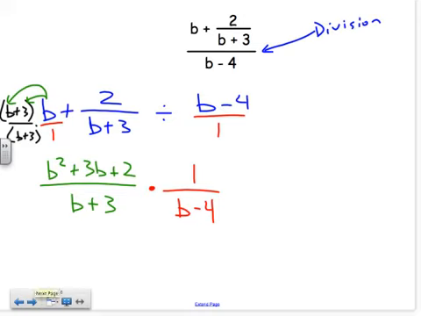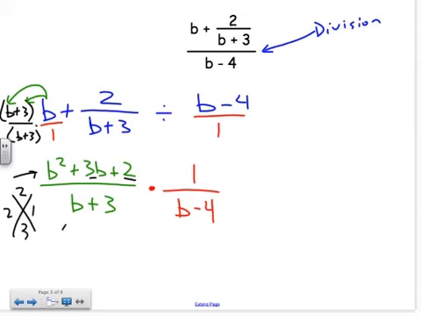And now if I look, everything is factored or simplified besides this top part of my left fraction, right? It's a quadratic, so I'm going to see if I can find factors of 2 that add up to 3. In this case, I can, right? Factors of 2 that add up to 3 would be positive 2 and positive 1.